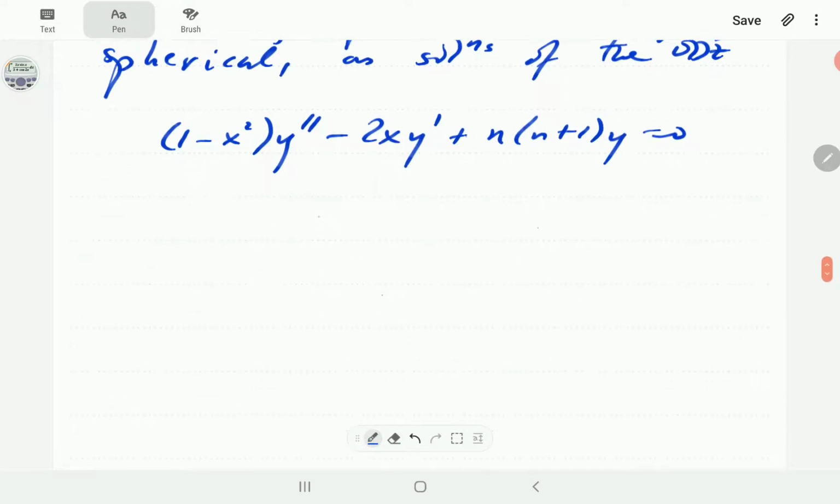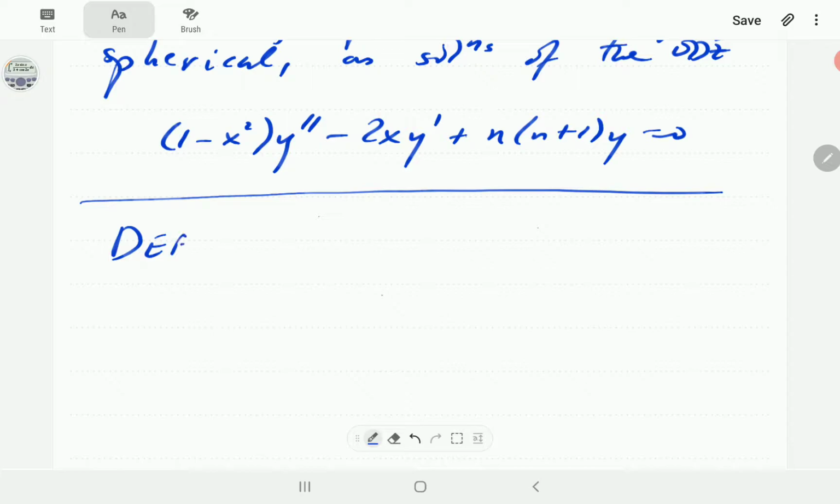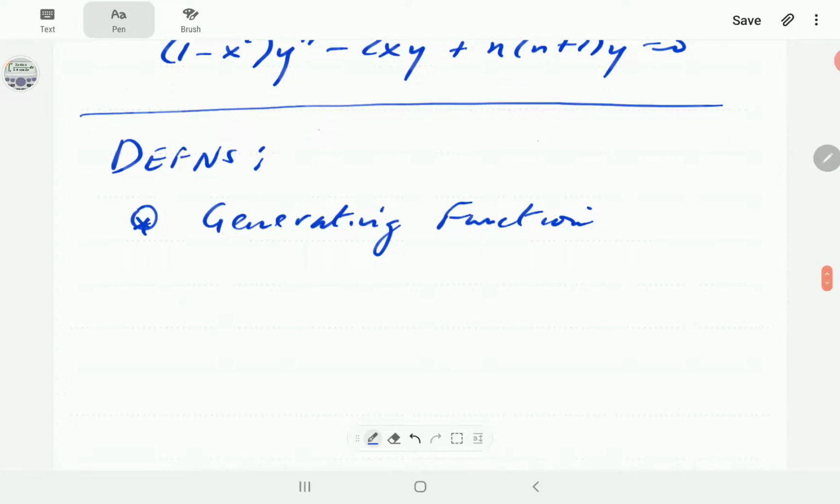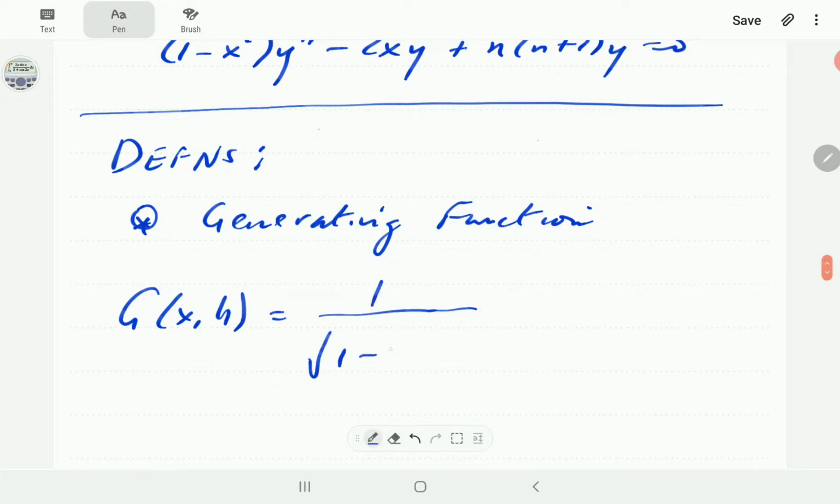Let's list two alternative ways of defining Legendre polynomials. There is what is called the generating function. The generating function g of x, h of the Legendre polynomial is 1 over the square root of 1 minus 2xh plus h squared.